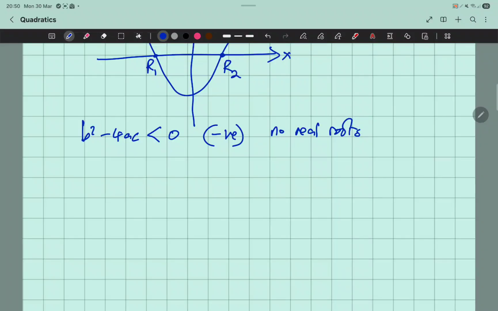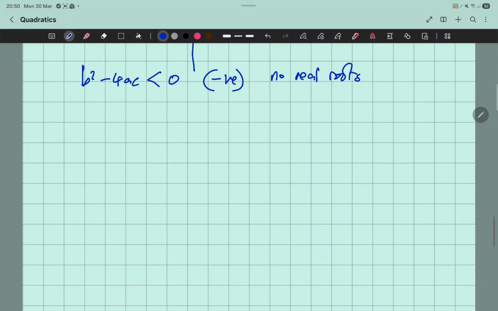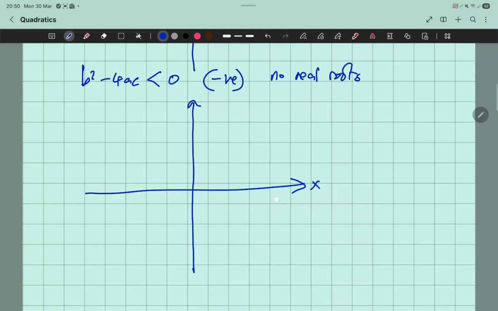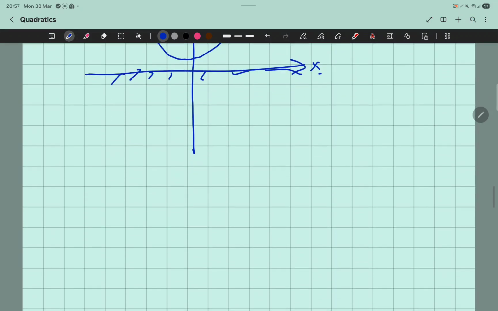In other words, this curve never intersects with the x-axis. It is as if it is suspended in the air; it never touches down here. It just stays at any point above the 0 mark on the y-axis, which is the x-axis, and keeps going up. There are no real roots. So this is everything about the nature of roots.